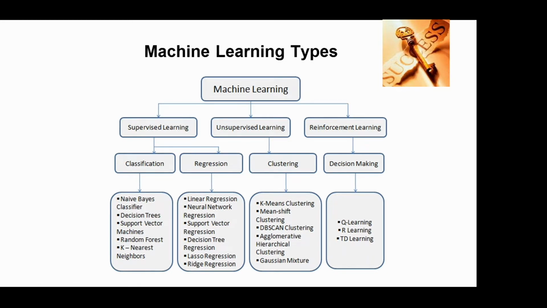Number 2 is decision tree, and we will go into detail on decision tree, support vector machine, and random forest. Random forest came in the year 2000, and support vector machine came in 1980. We will discuss these supervised learning approaches. Supervised learning is categorized into two parts: classification and regression.